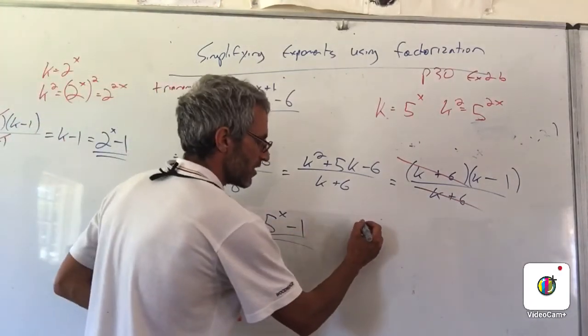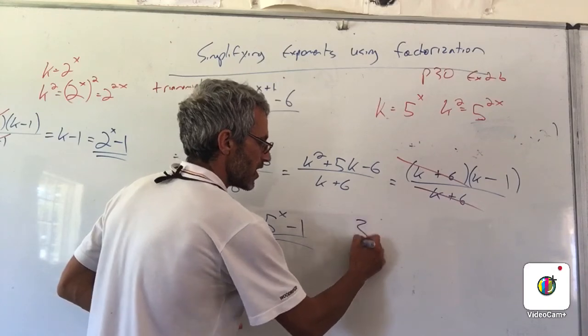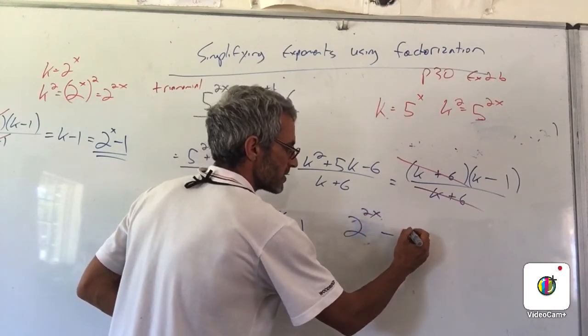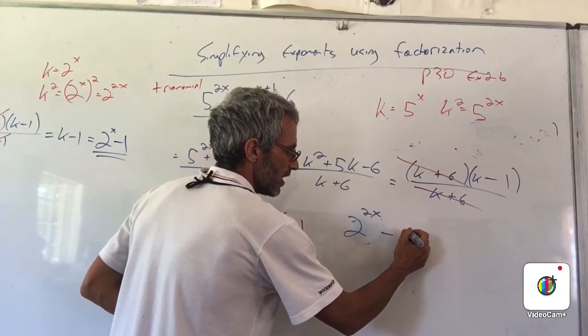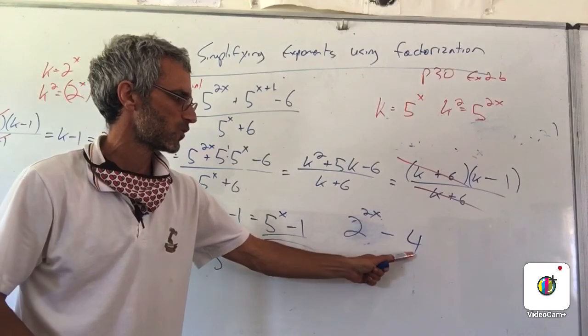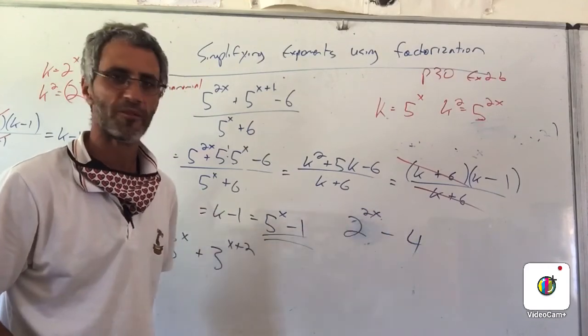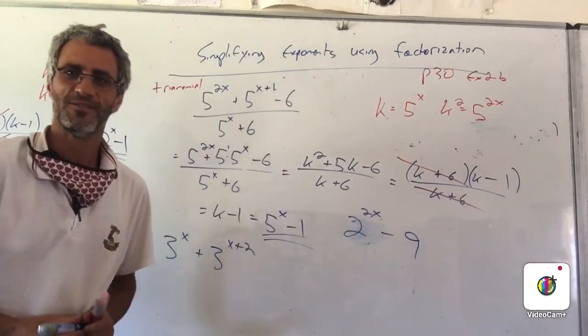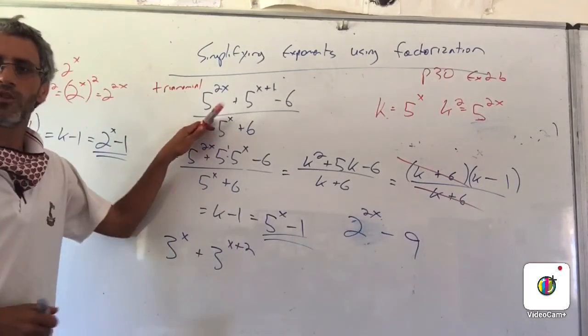When you have something like 2 to the power of 2x minus 4, that's going to be a difference of squares, because we've got a square minus a square. It can also be a common factor out, but if I put a 9, then it can't be factored out. And then the last one is the trinomial.